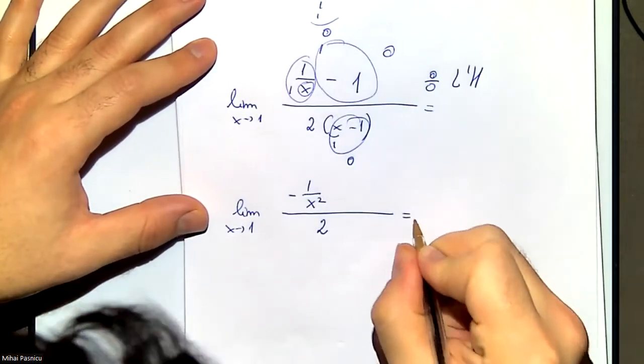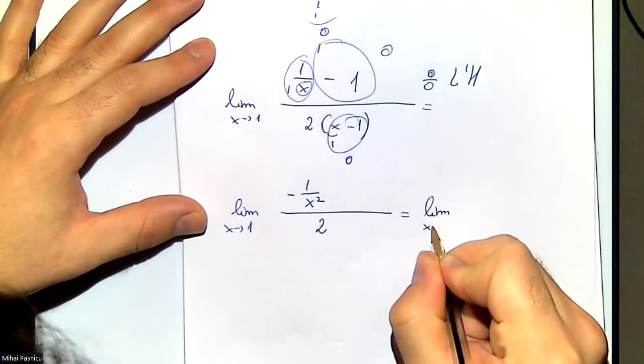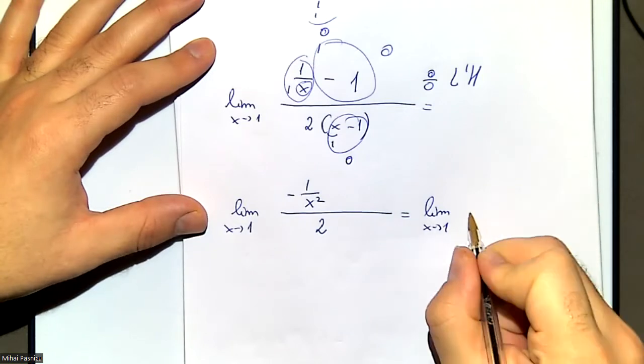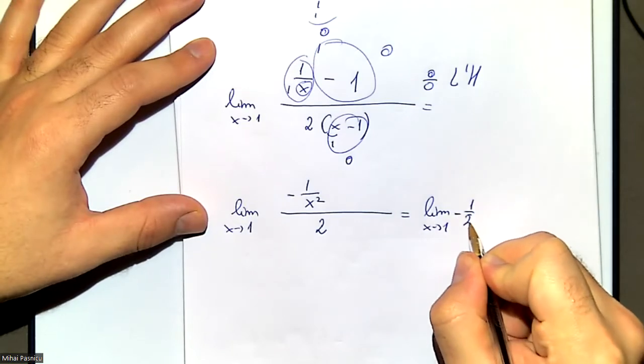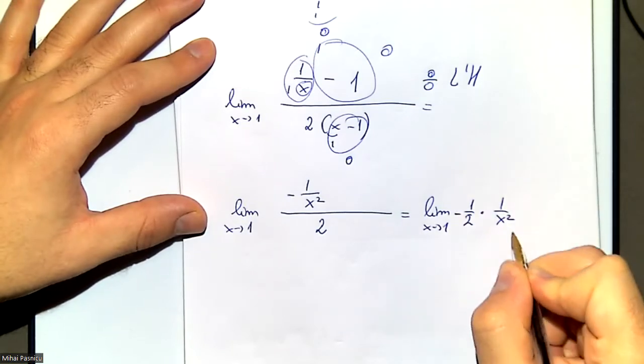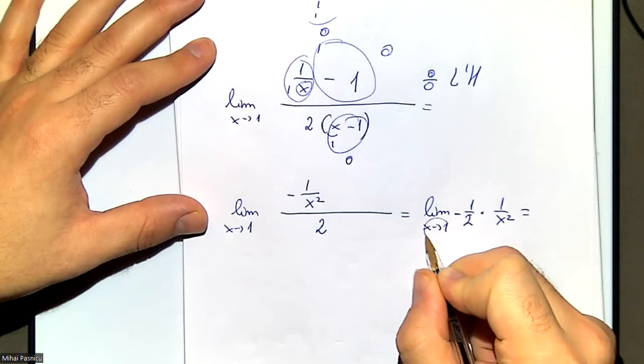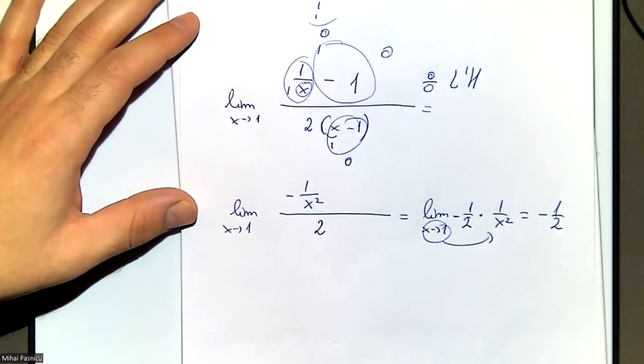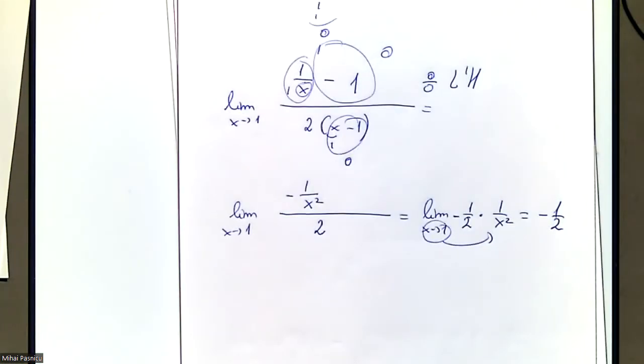So I got the limit as x goes to 1 of 1/2 times minus 1 over x squared, which, when x goes to 1, is just minus 1/2. Hopefully I didn't mess the computation up, but I think it makes sense. So this is what I got.